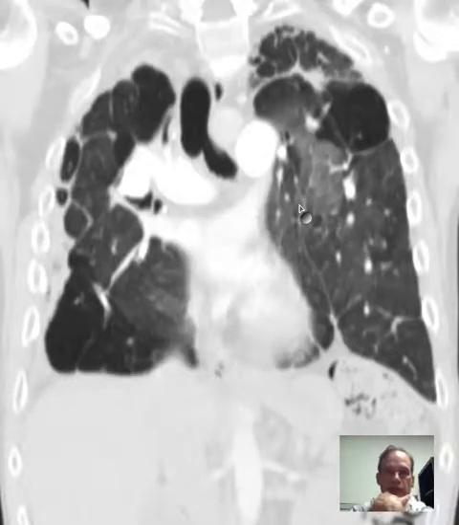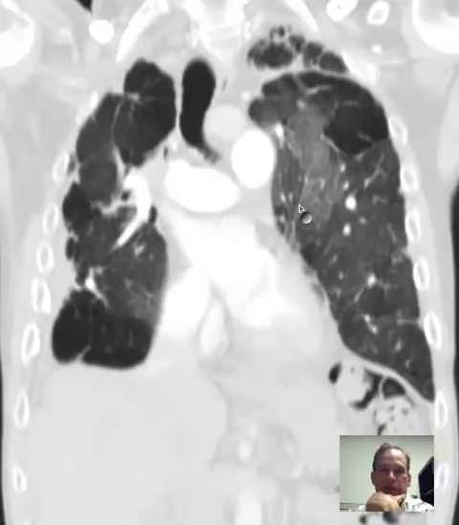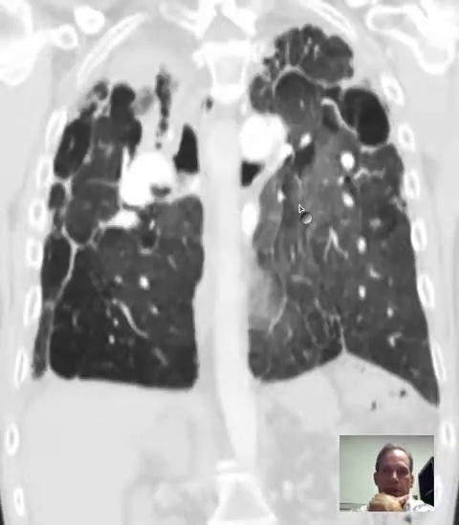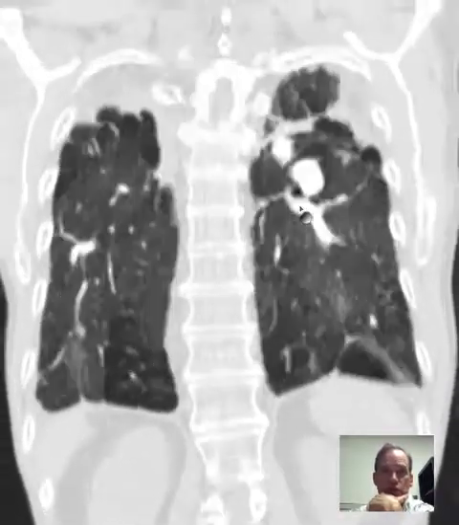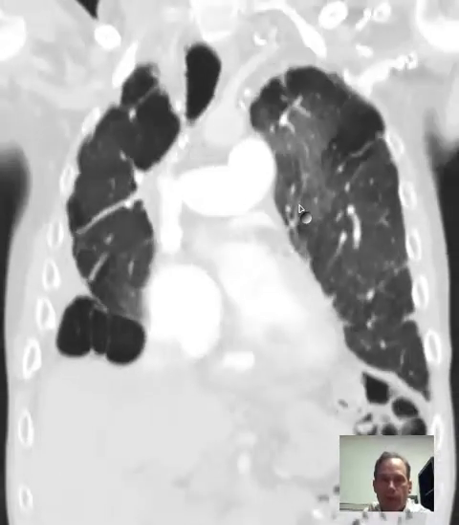Okay, so that suddenly also demonstrates the kind of problem this patient has. So look at this. These lungs don't look good. They don't look right. What's wrong with them?